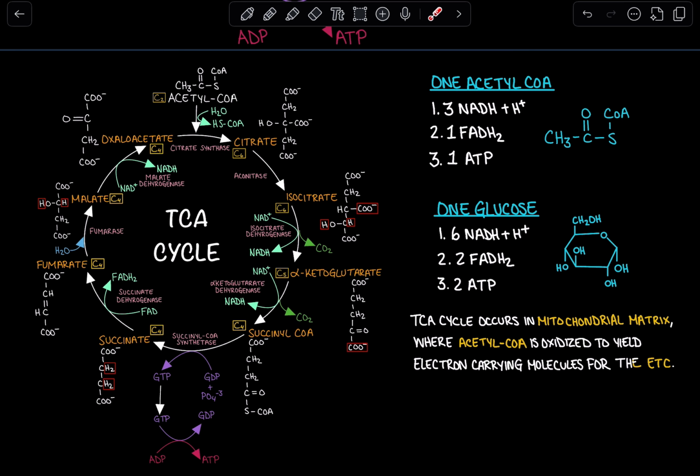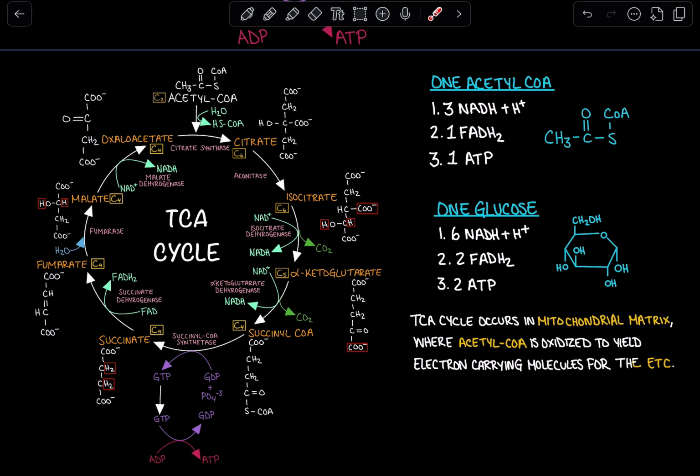Now, what's important to remember is that one acetyl-CoA just makes up 1/2 of a whole glucose molecule. Remember that a glucose molecule is a 6-carbon molecule, and in glycolysis, the glucose molecule is split into 2 pyruvate molecules, and each pyruvate has 3 carbons. The 2 pyruvate molecules from glycolysis are converted into 2 acetyl-CoA molecules.